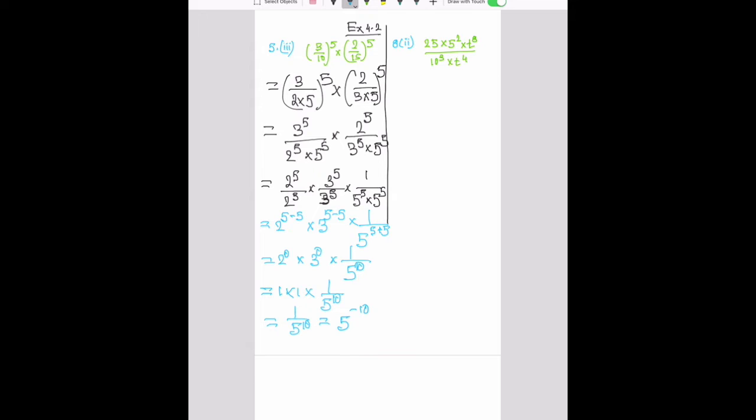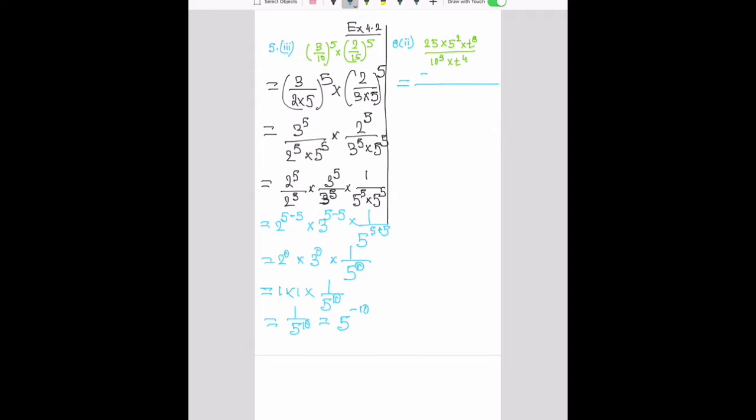So that was question number 5.3. Let's see what about the next question. Again, the process is the same. Question number 8, we break down into its prime factorization. 25 is nothing but 5 square.